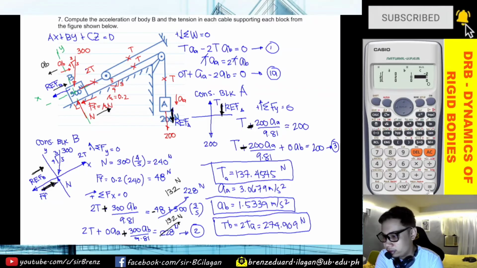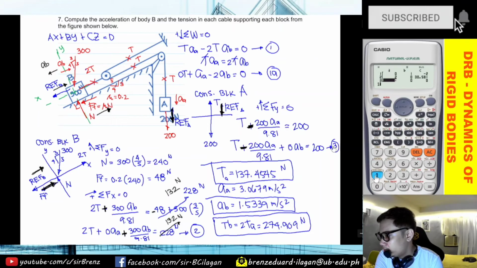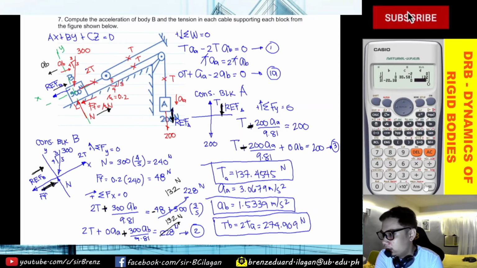Tapos 0. And then 300 divided by 9.81. Tapos 132. And then para dito, so magiging 1. And then negative 200 divided by 9.81. Then 0. Tapos 200.